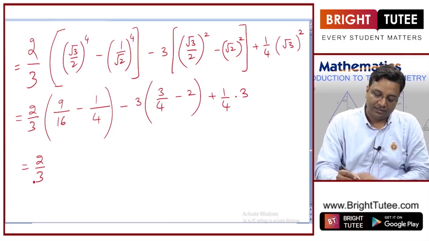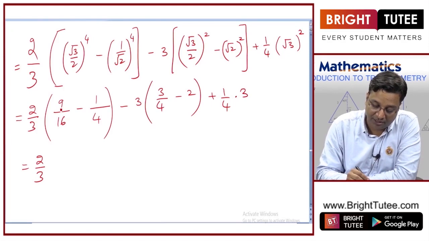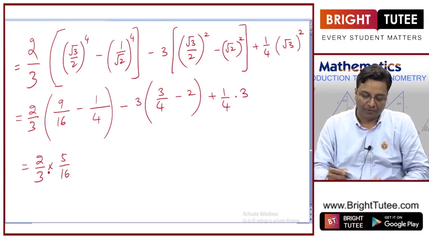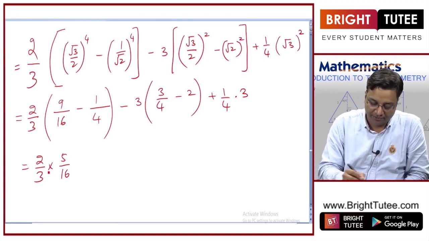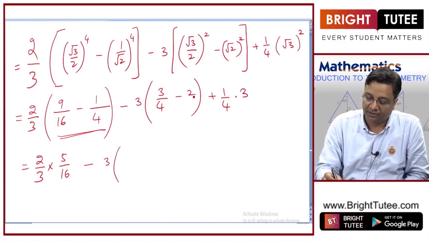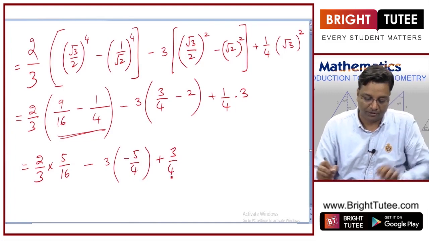2 by 3, this 1 by 4 can be considered as 4 by 16. So this will be 9 minus 16 minus 4 by 16 will give you 5 by 16. You can do the calculation part yourself and you will find that it is 5 by 16 minus 3 into this is 8, 3 minus 8 is minus 5 by 4 plus 3 by 4.